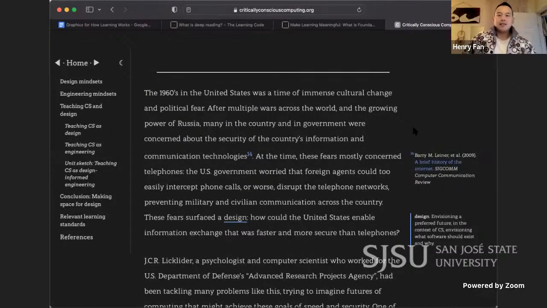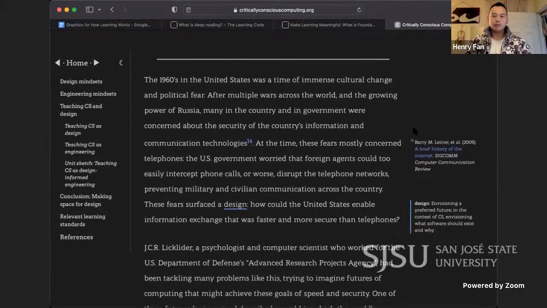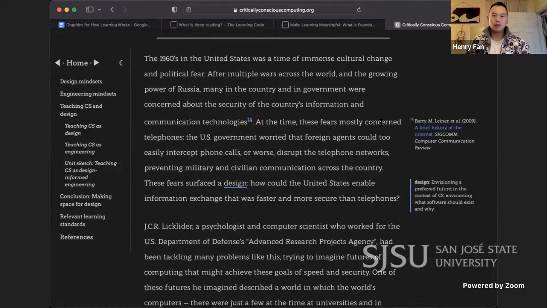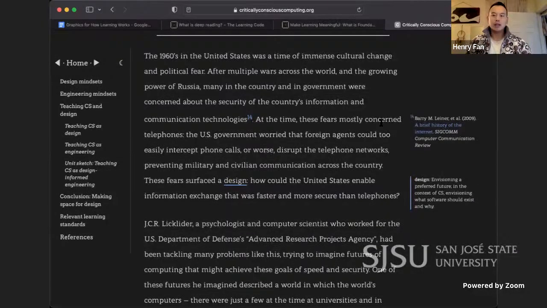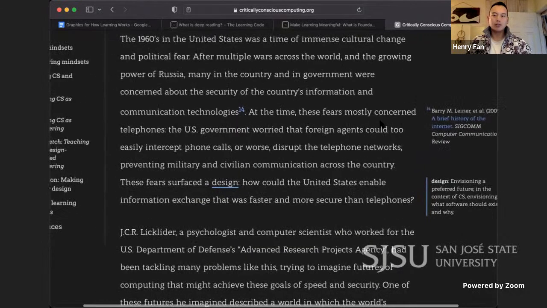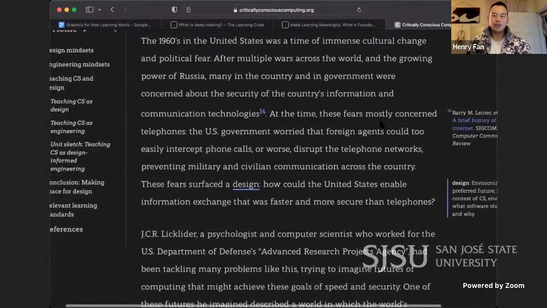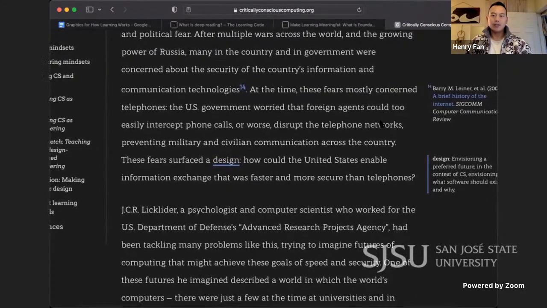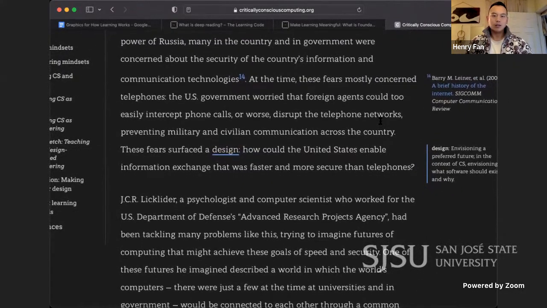In the 1960s, the United States was a time of immense cultural change and political fear. After multiple wars across the world and the growing power of Russia, many in the country and in government were concerned about security in the country's information and communication technologies. At that time, these fears mostly concerned telephones.